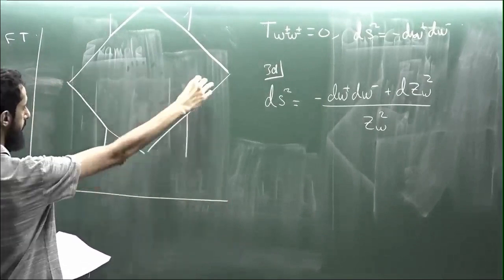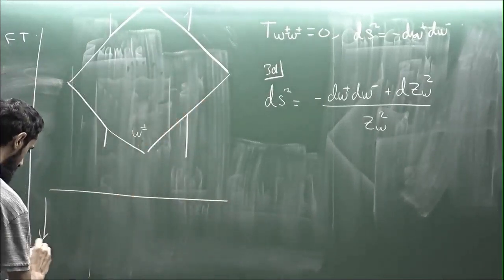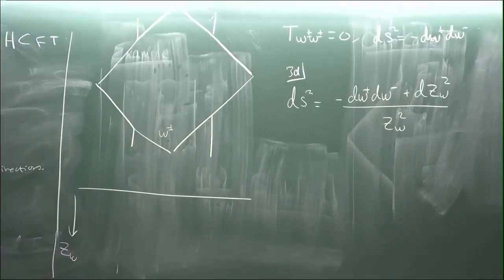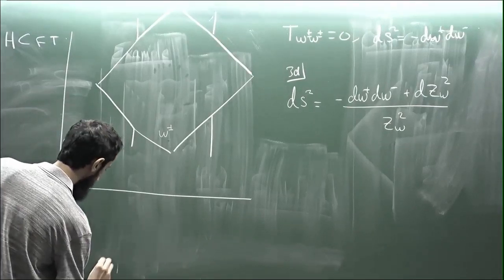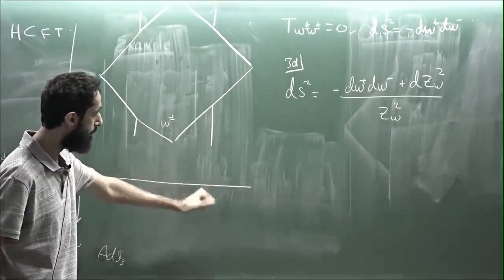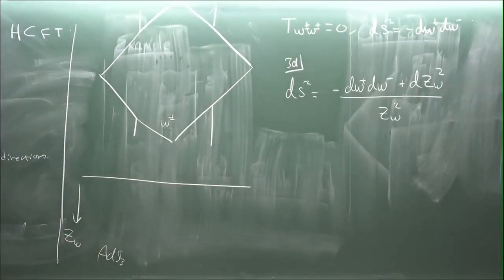This is like a time slice here, and going down is the new holographic direction. Here we have AdS3, and this is z equals 0. In the bulk, the solution is going to be locally AdS3. It's going to be completely determined by the location of the cutoff surface.